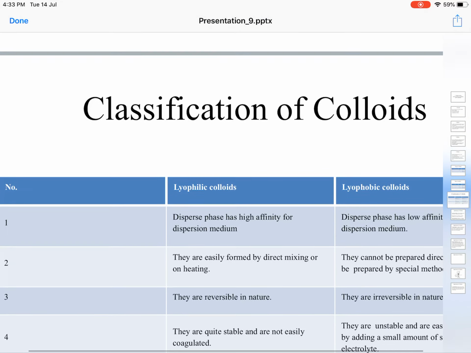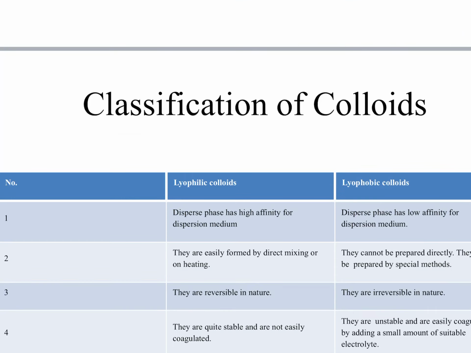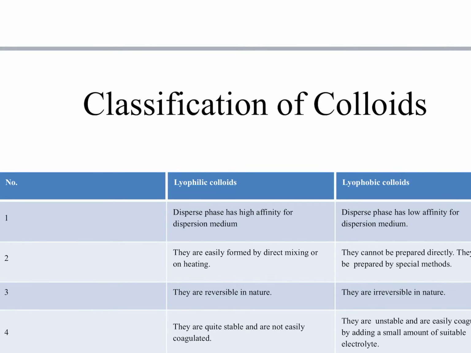Colloids can be classified based on the affinity between the dispersed phase and dispersion medium. Based on this affinity, you have two types of colloids, lyophilic colloids and lyophobic colloids.